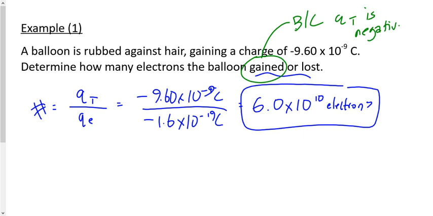If the total charge was positive, then that would mean not that we had gained protons, but that we had lost electrons. It's always electrons that we talk about, gaining or losing electrons, not protons.